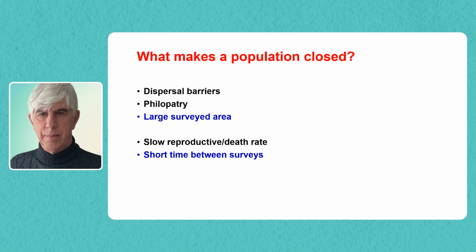Another possibility is slow reproductive and death rates, so animals live a long time and there are no changes in a brief time, or there is a short time between surveys, in which there are no changes actually.